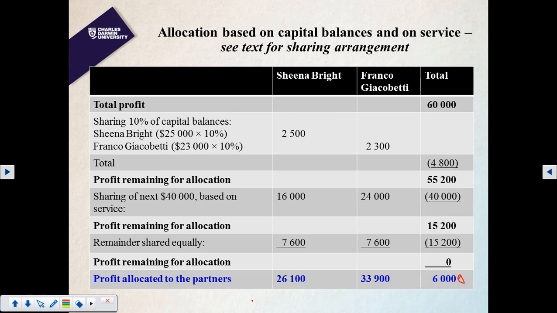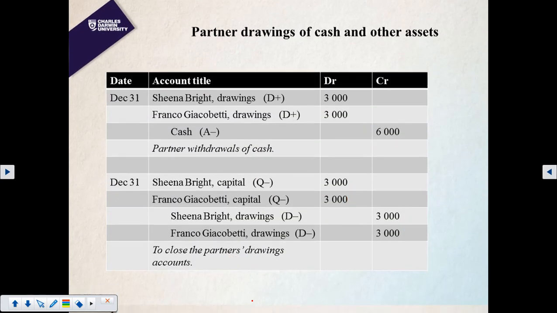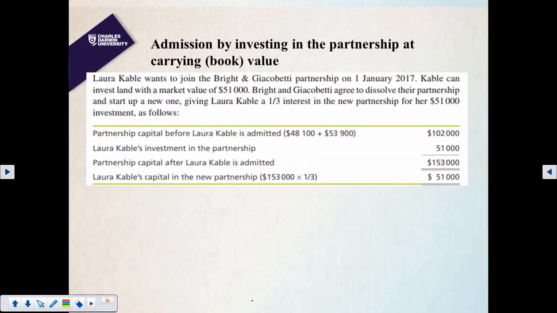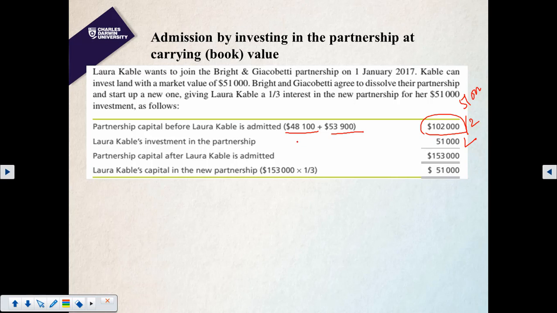If we allocate this profit, and add, and then deduct these drawings, probably it will come around this amount, assuming that this is going to be the partnership capital of Bright, and this is the partnership capital of Giucovetti. Before, the business was only two business people. Is that okay? And now the third partner is coming and he's contributing $51,000.